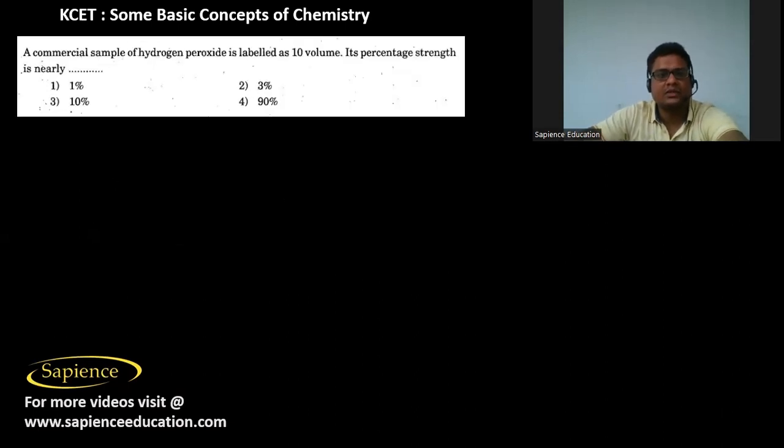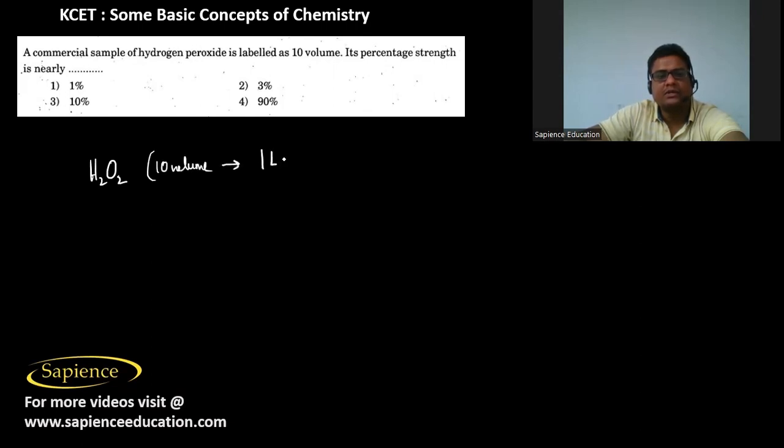Then here it is told, a commercial sample of hydrogen peroxide is labeled as 10 volume. Its percentage strength is nearly. So now hydrogen peroxide H2O2 is labeled as 10 volume.